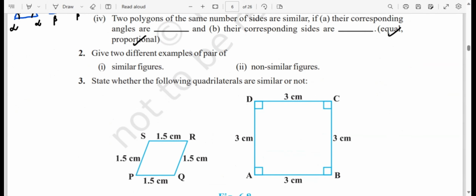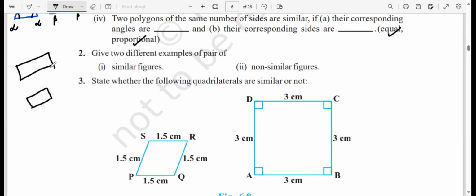Okay, coming to the next one: give two different examples of pairs of similar figures and non-similar figures. We need to give some examples. For a similar figure, we can draw, say, a rectangle. This is one rectangle, and I am going to draw one more small rectangle like this.